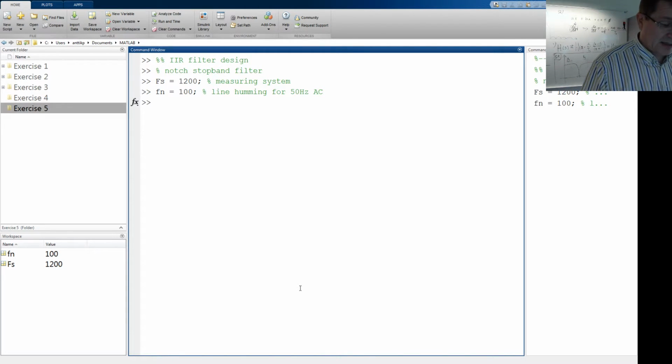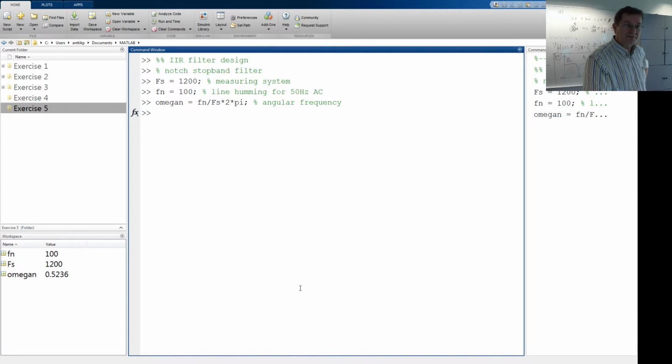So basically, the corresponding frequency for this line humming is 100 hertz divided by 1200, or actually, let's do it like this: Fn divided by Fs times 2 times pi. That's the angular frequency of 100 hertz.